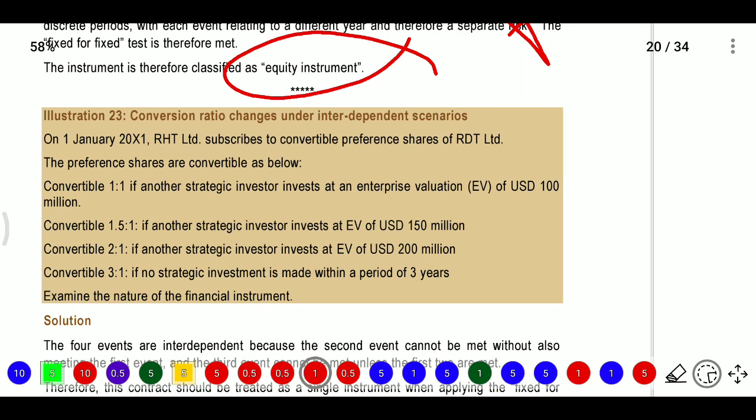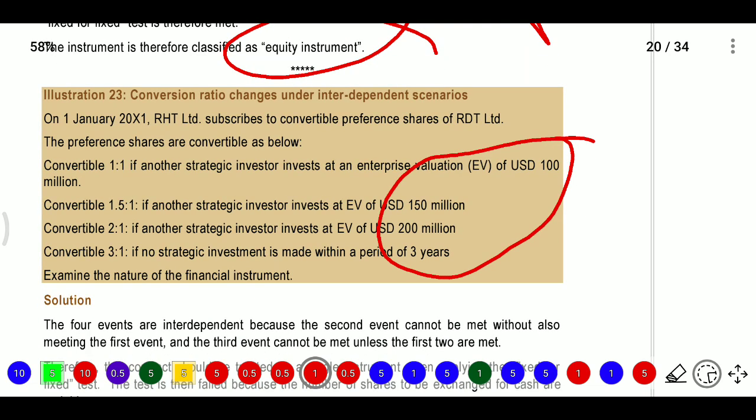Next, here they are given some amounts, so we need to consider them. Subscribe to convertible preference shares of RDT Limited. Preference shares are convertible as follows. 1:1 if another strategic investor invests at an EV of USD 100, and convertible 1.5:1 if another strategic investor invests at an EV of USD 150.